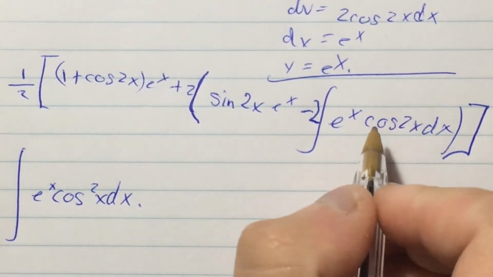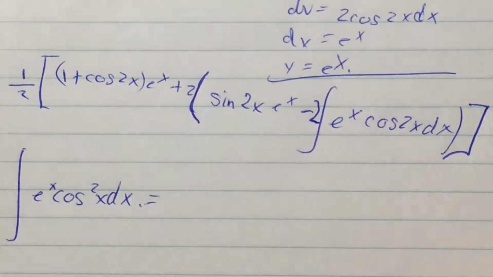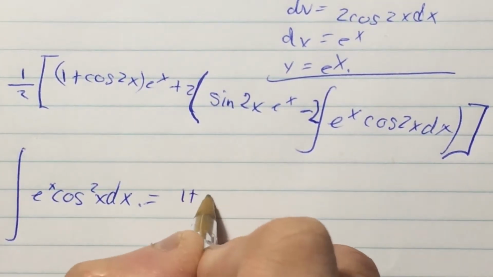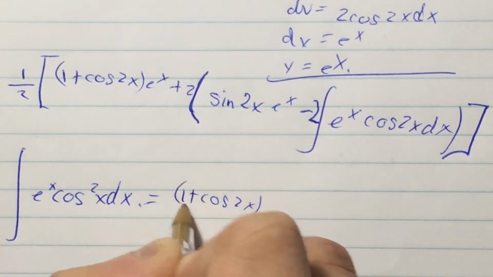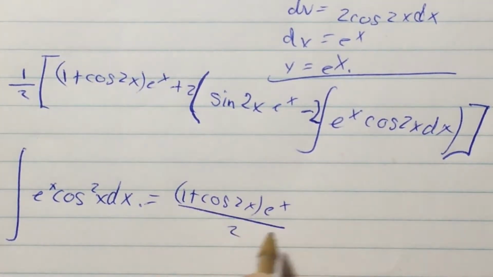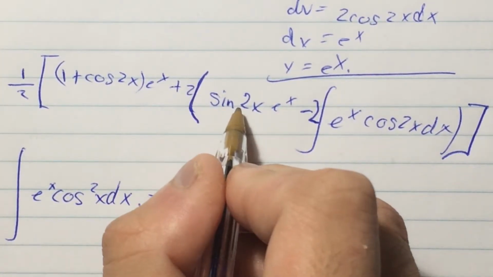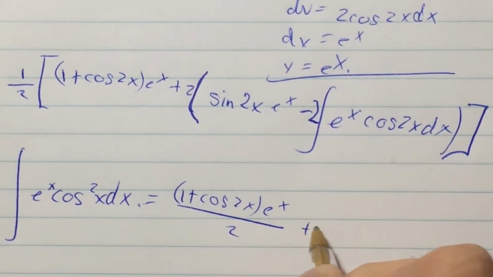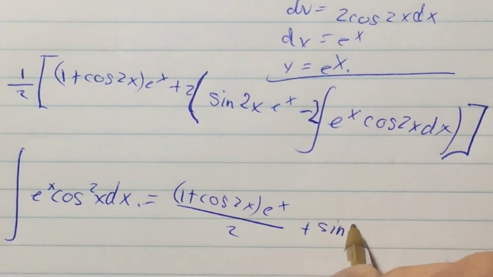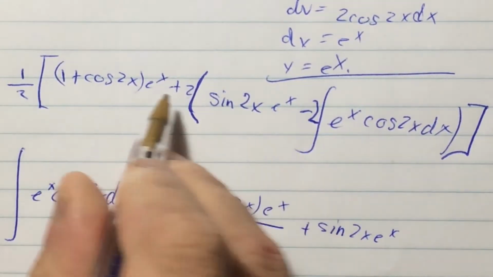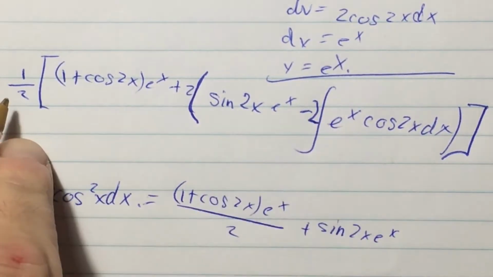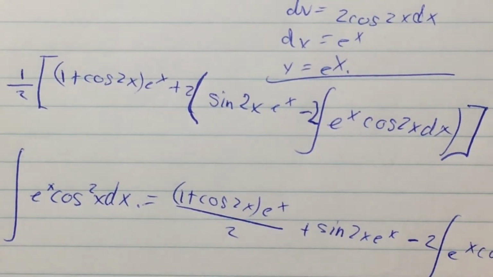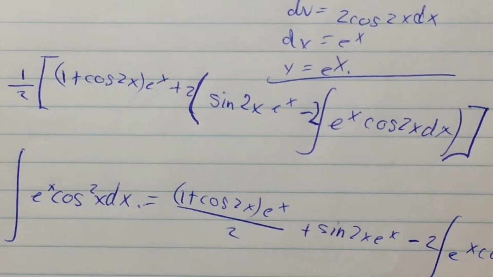So what we're doing now is equal to all of this, but I'm going to expand it all, this 1/2 to every term, so it's 1 plus cosine of 2x times e to the x over 2, and then that's 2 sine of 2x, which is being multiplied by 1/2, so it's plus sine of 2x times e to the x. And this is 2 times negative 2 is negative 4 divided by 2, that's negative 2, minus 2 times the integral of e to the x cosine 2x dx.